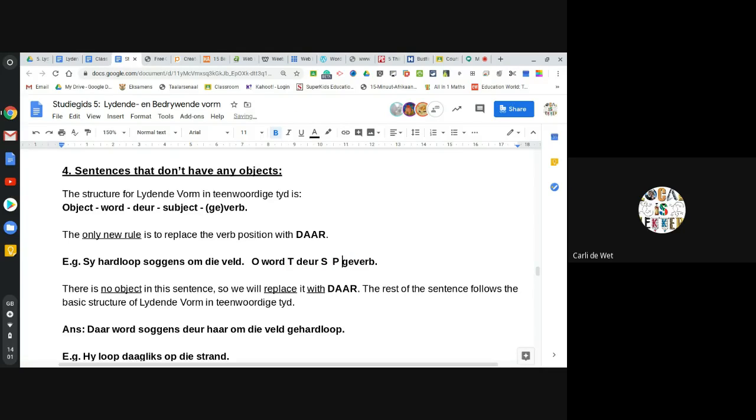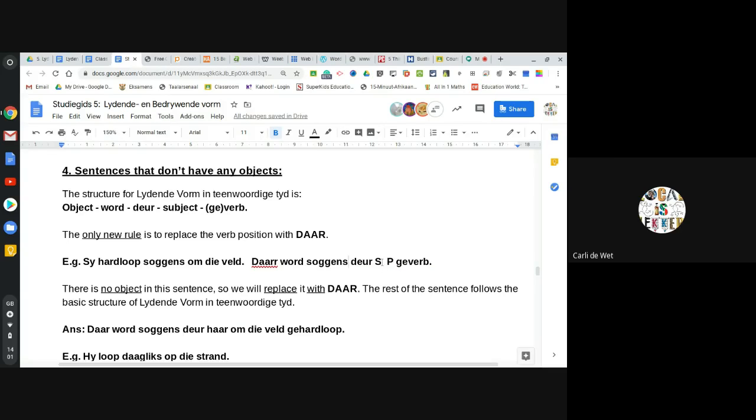Okay, kom ons kyk. So, object word time deur subject place geverb. So, wat is die object daar? What is the object? There's no object. So, I'm going to use the word daar. Daar word. And now, what is the time? Soggens. Soggens.